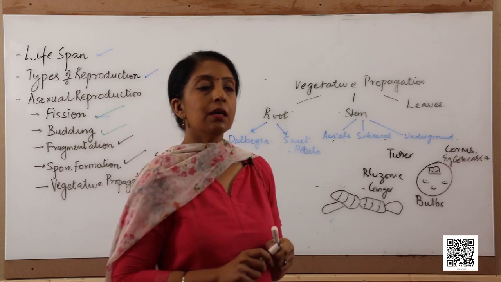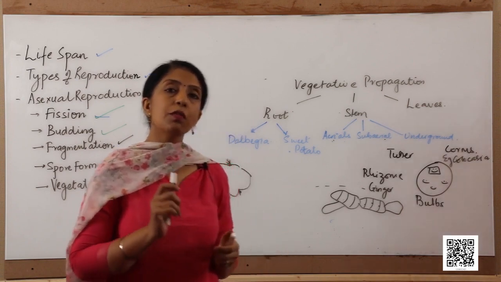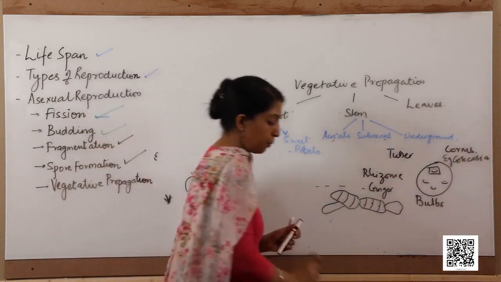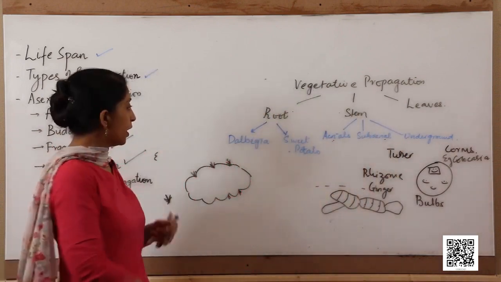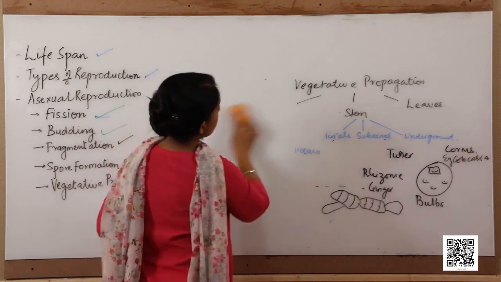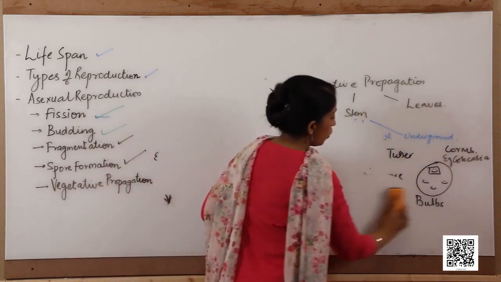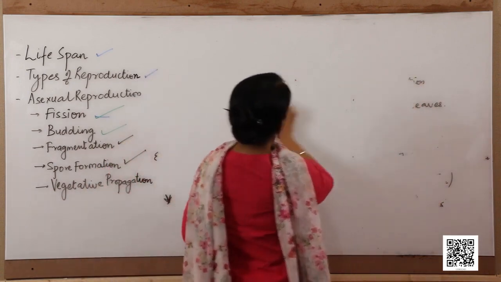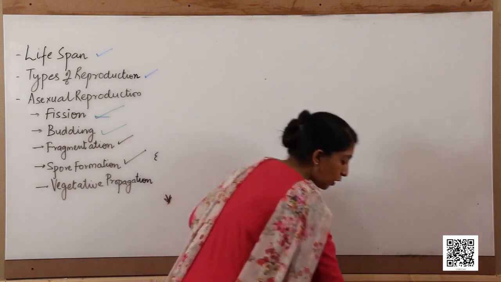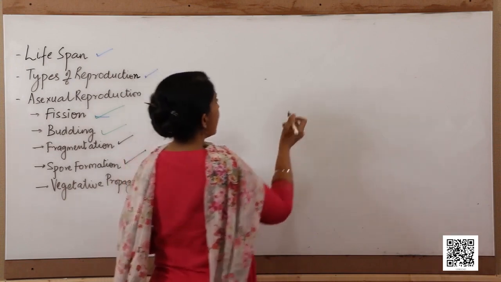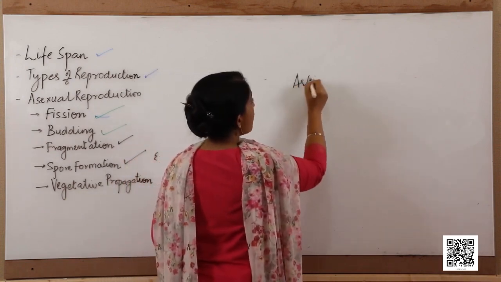Now let us see what are the various modes of artificial vegetative propagation that the agriculturalists or the farmers have developed for improvement of the crops. Artificial modes of vegetative propagation can be of many types.